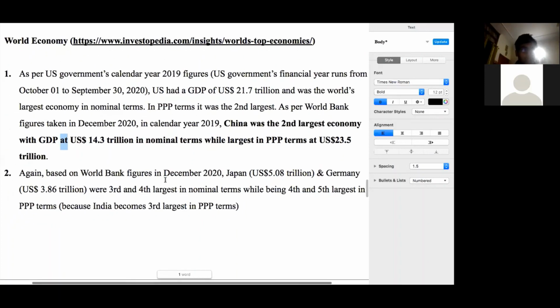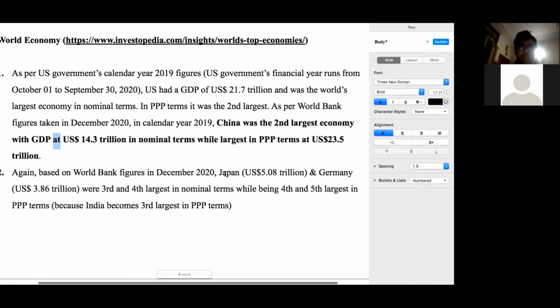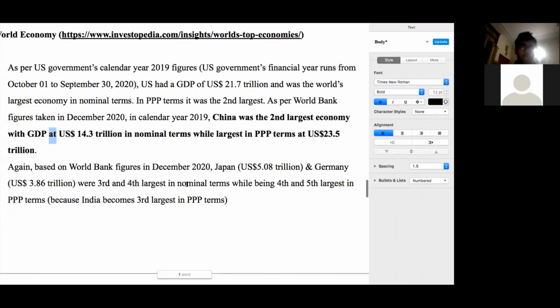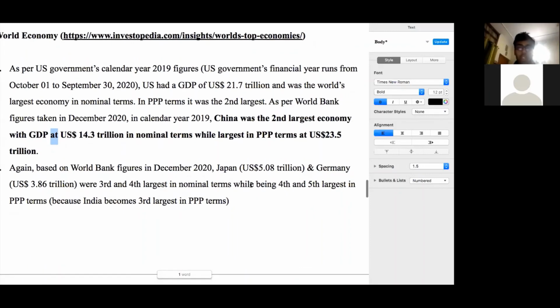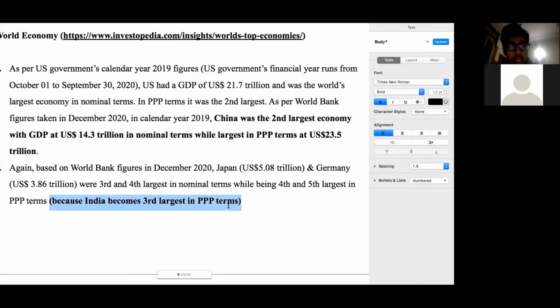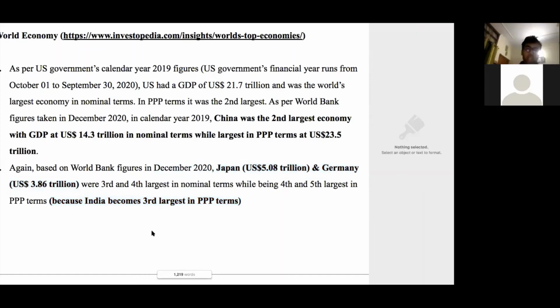Again, based on World Bank figures in December 2020, Japan and Germany were the third and the fourth largest in nominal terms, and they were fourth and fifth largest in PPP terms, because India becomes the third largest in PPP terms, as we have discussed earlier.